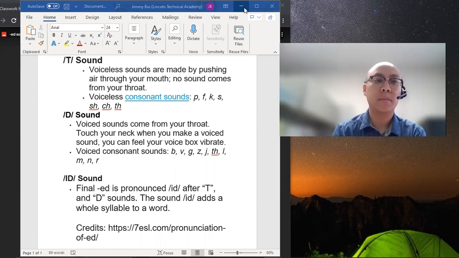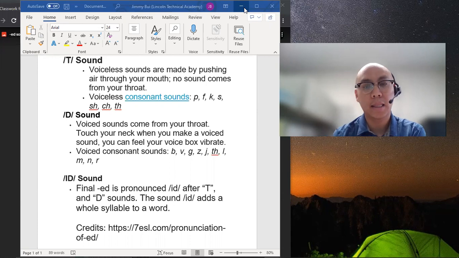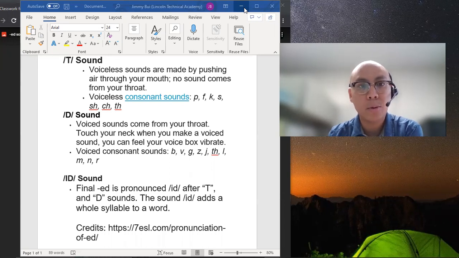And so grammatically, we add an ed unless the word already ends in an e, then we just add the d. But the pronunciation of the word is different, and it depends on the last sound of the word, not the last letter before the ed.